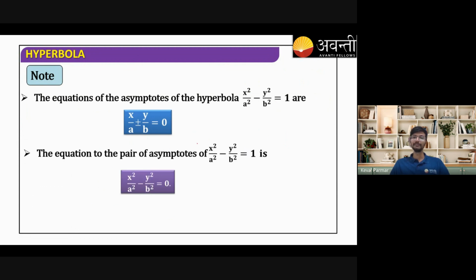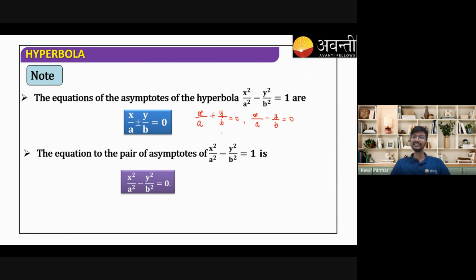So what will be the equation of the pair of asymptotes, the pair of straight lines? The two different asymptotes, if we separate them, are x upon a plus y upon b equals 0, and x upon a minus y upon b equals 0.